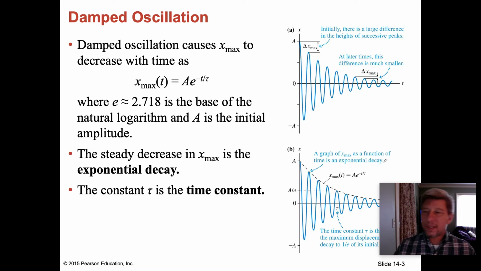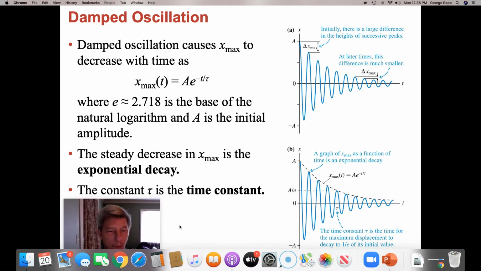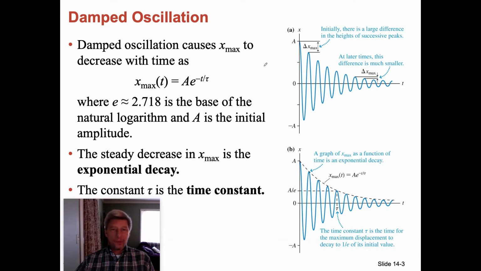So, what does this mean for us and our work here? Well, first, the damped oscillation causes the maximum amplitude to decrease with time. So if you look here, all right, this represents the maximum amplitude in graph A. All right, and the change in that oscillation is the difference in what we call X max, and that's this right here.